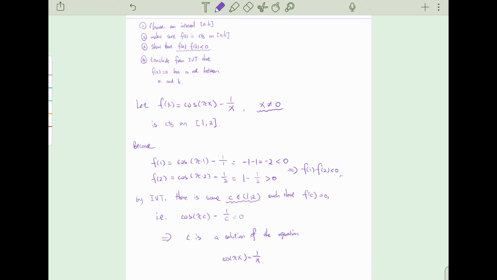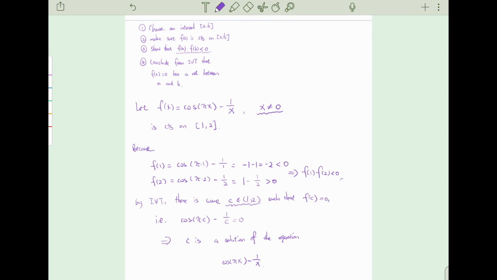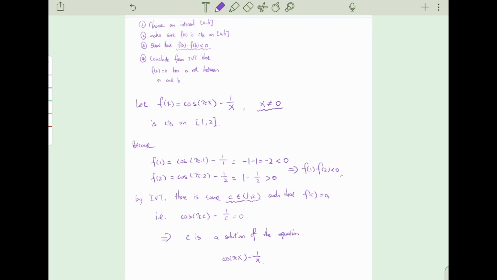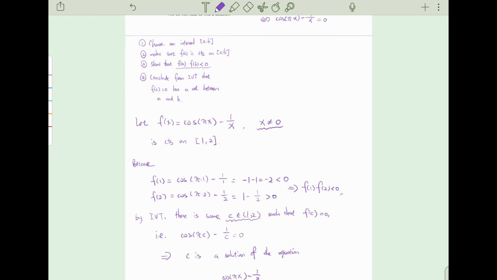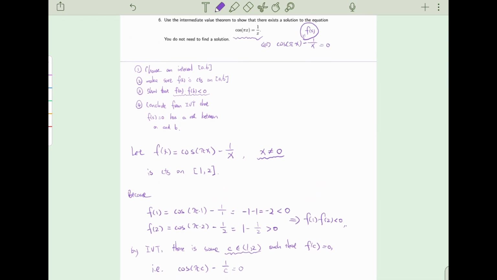By the discussion, elementary function, and also this interval does not contain the 0, as I said. And then I've also shown that the function evaluated at these 2 points has different signs. This is less than 0, so I can apply the intermediate value theorem. Okay, so that is our question 6, very constructive.